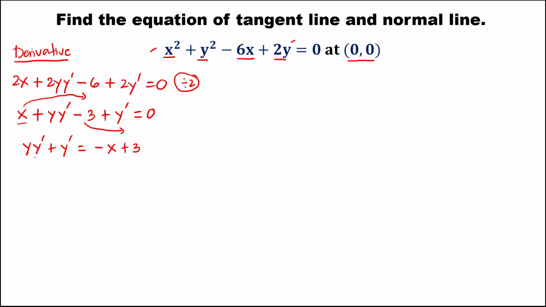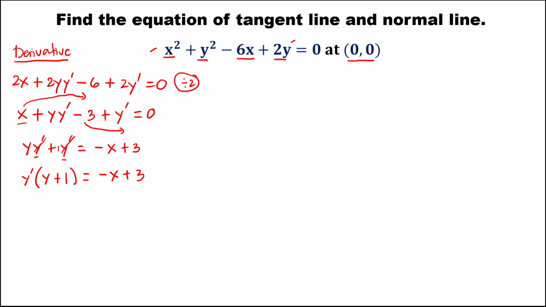Then we need to factor out this y prime. So put y prime outside. Since we put y prime outside, the remaining is y, and for this term the remaining is 1 because there is a numerical 1 for this y prime. So y prime times (y plus 1) equals negative x plus 3.